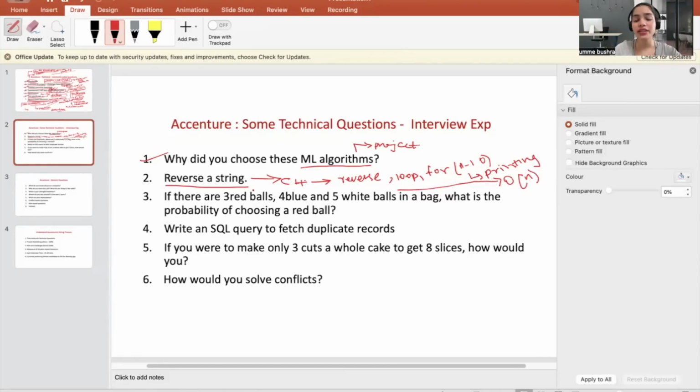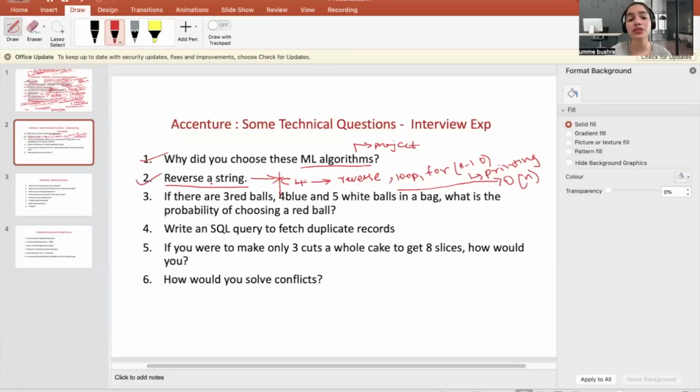There are multiple approaches you can go for, but what I would recommend is always start with a brute force approach. Always start with a very simple approach, and then explain what other approaches you have in your mind. That is how you cover this question. I have seen that reverse a string has been asked multiple times in every Accenture interview.